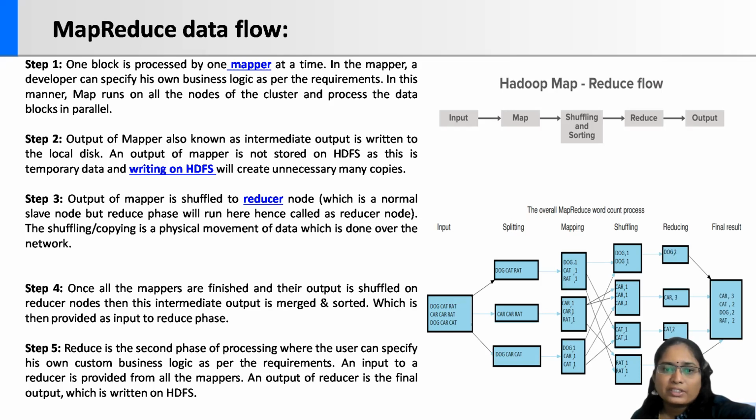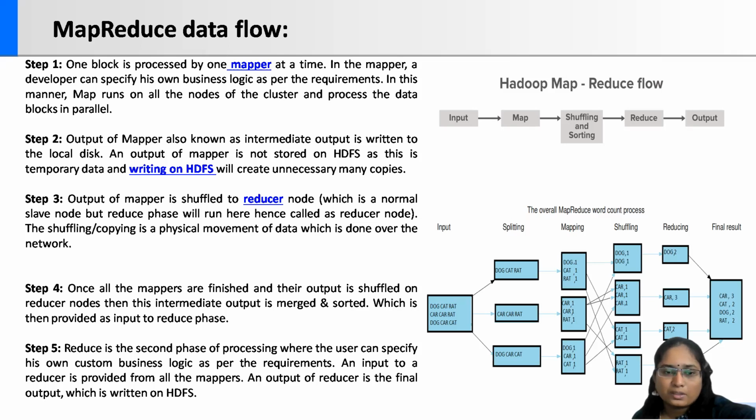Shuffling and copying is the physical movement of data done over the network. Once all the mappers finish and the output is shuffled to the reducer node, this intermediate output is merged and sorted, which then provides the input to the reduce phase.